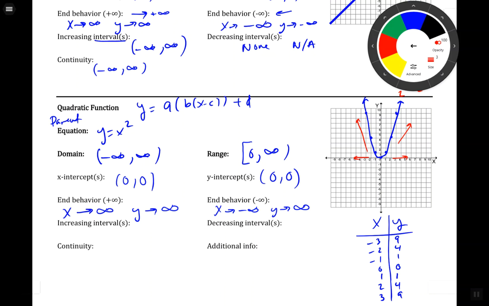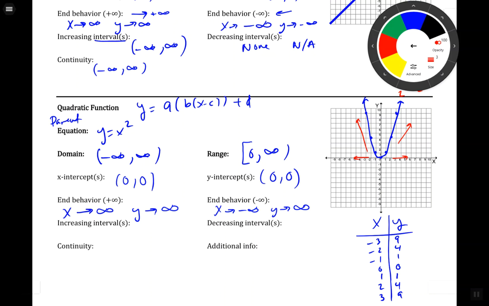Now, here's something I'm going to lay on you. This works for every even function. Do you remember cosine? I mean, not cosine. Cosine's not. But if it was x to the fourth, do you remember when you learned end behavior? For x to the fourth, does it do the same thing? Does x to the fourth have the same domain, range, end behavior? It does. Increasing, decreasing?